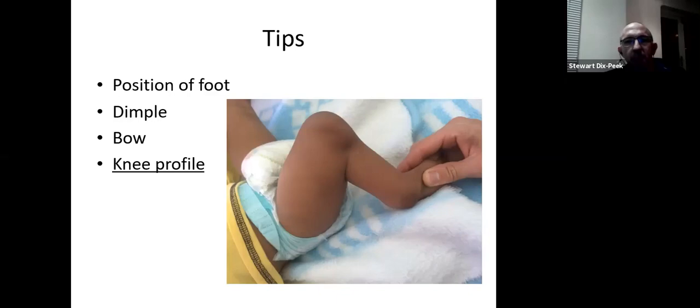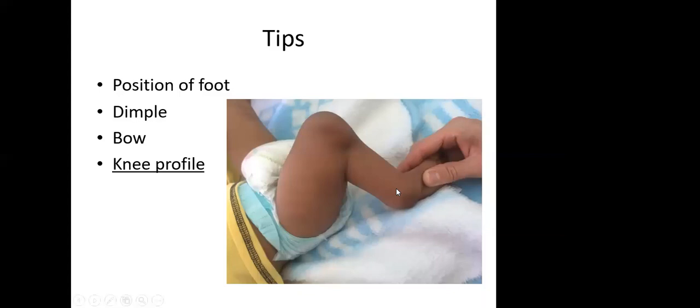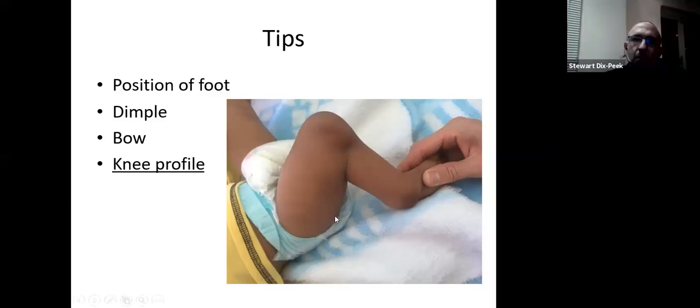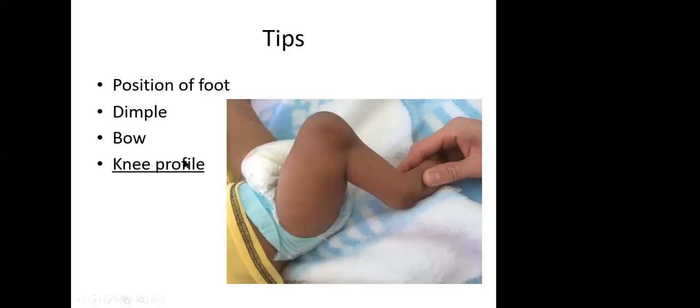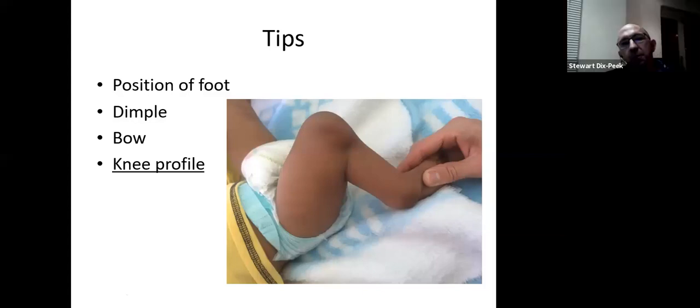The foot's gone medially. Are there dimples anyway? Probably on the inside. I can't see the inside, but I suspect there probably would be. It's difficult in this young child to see a bow, but yes, I expect there would be. Okay, particularly with this photograph it's difficult to see a bow.